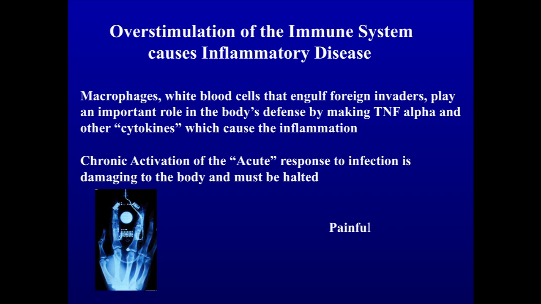Overstimulation of the immune system in rheumatoid arthritis is when white blood cells engulf foreign invaders and make this defense against tumor necrosis factor alpha or other cytokines which are involved in inflammation.